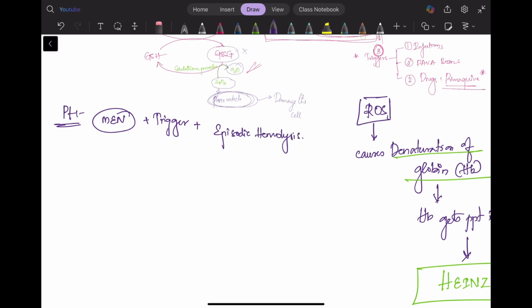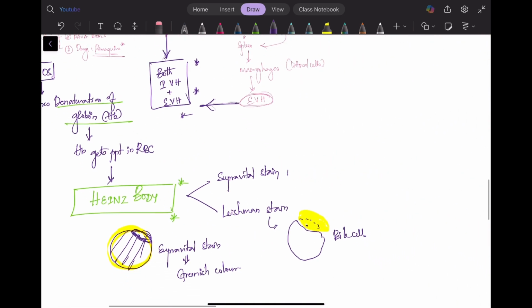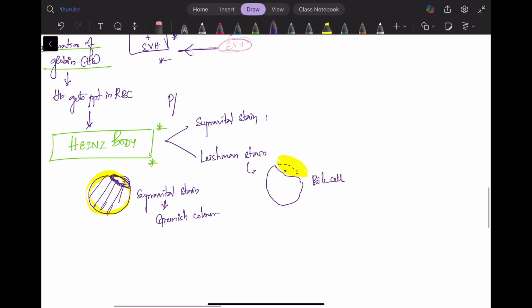These will be your clinical features. This will be episodic because whenever he is exposed to a trigger, he shows hemolysis. So on peripheral smear you are going to see Heinz bodies, with the supravital and Leishman's stains.